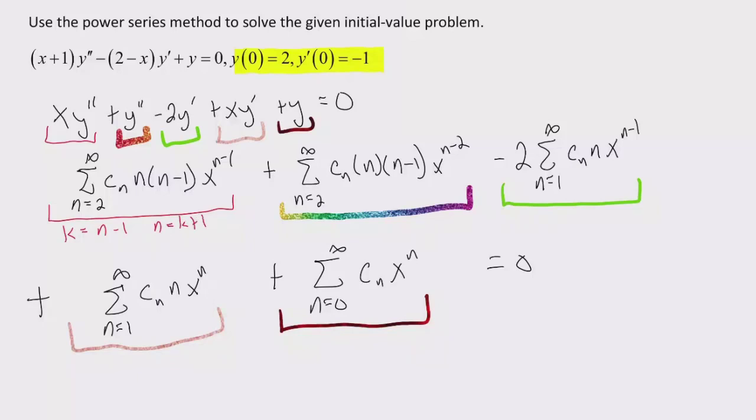This next one, I'm going to say k is n minus 2, which means n is k plus 2. This third one is going to be k equals n minus 1, so n would be k plus 1. And then here I can just do k equals n and k equals n. Okay, so that's my next phase, is to do those substitutions and see what we get.